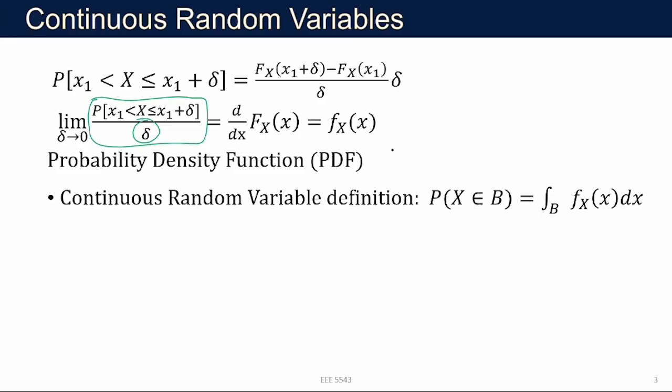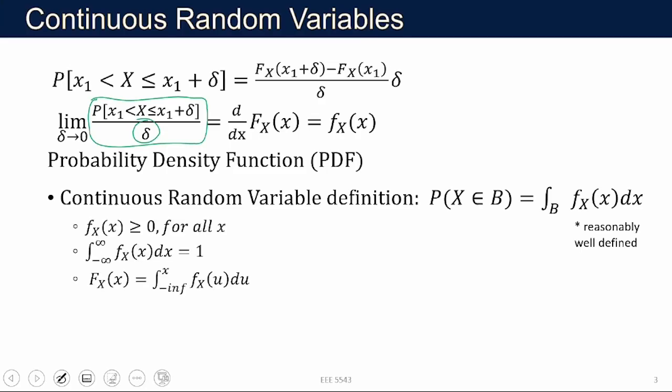That is to say that the probability that x takes on a value in some range b is defined as the integral over that range of this magical function that we call the probability density function. We should caution that it should be reasonably well defined over this interval in order to be integrable. And as we have to do for other functions, we could reinterpret the axioms of probability in terms of the probability density function and what they mean in that context.